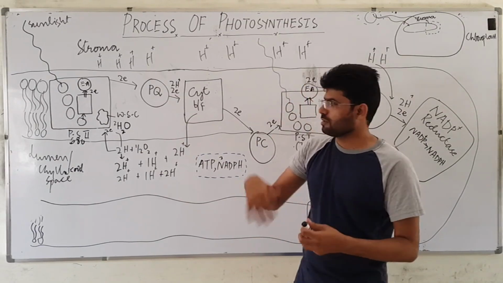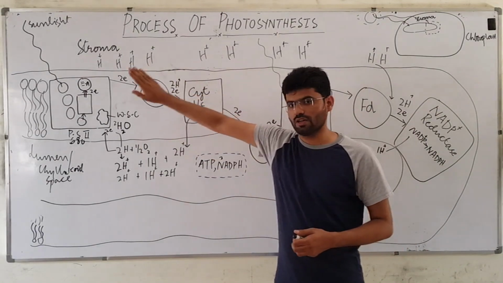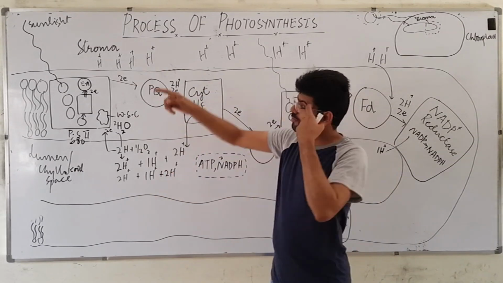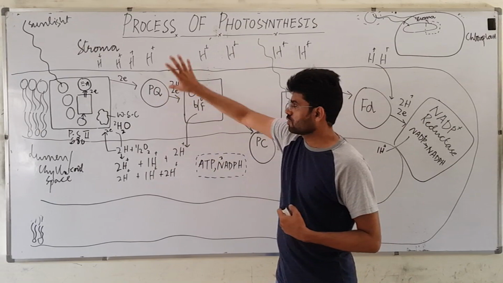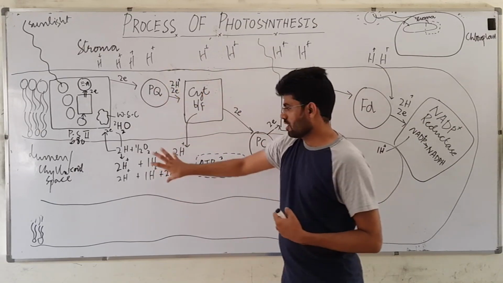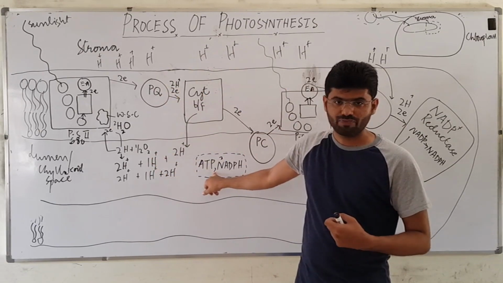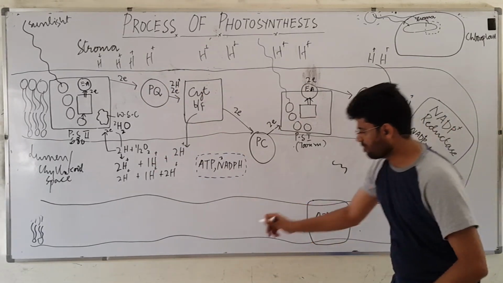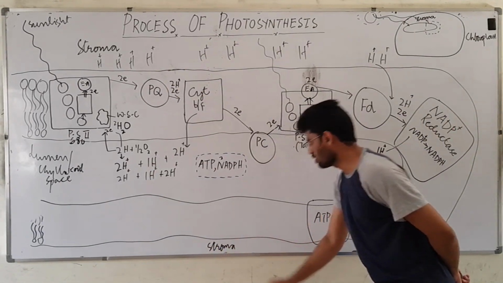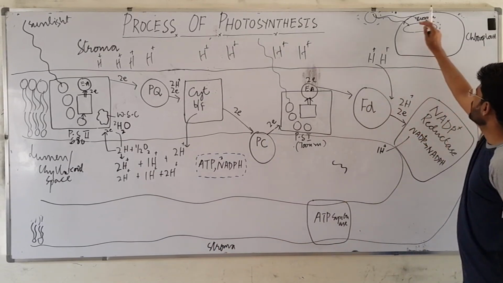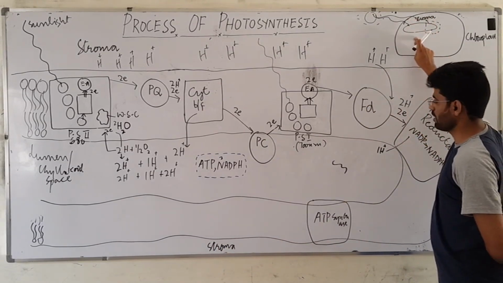I repeat, chemi means chemical. So it's a chemical moving from its higher concentration to its lower concentration. So due to chemiosmosis, ATP will be made. Now, this space is also called stroma. If you can see, this is stroma and this is also stroma.